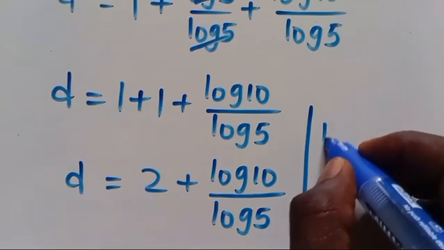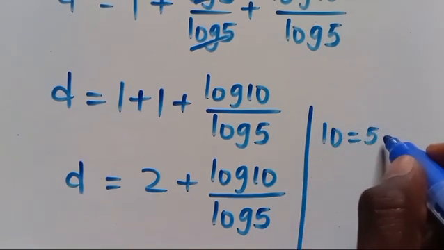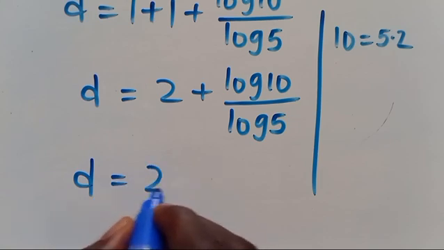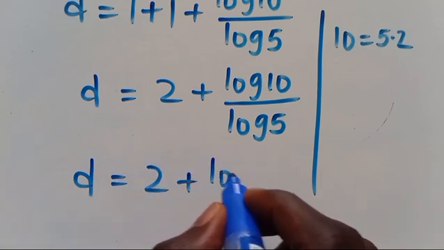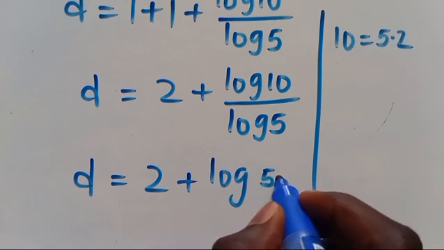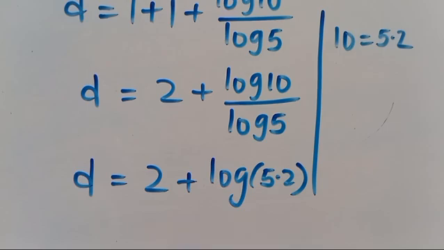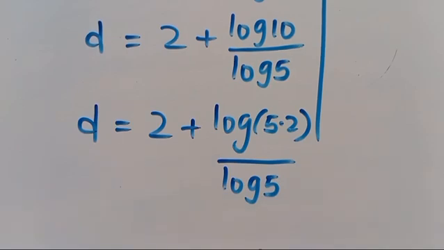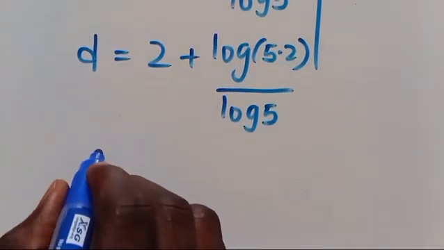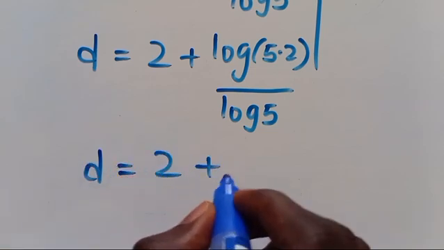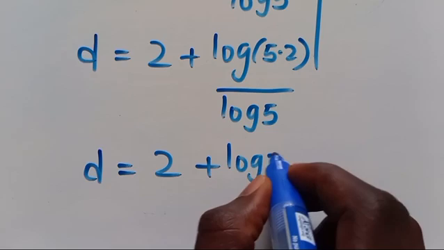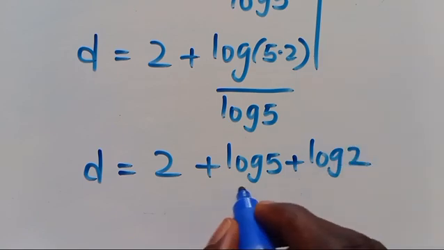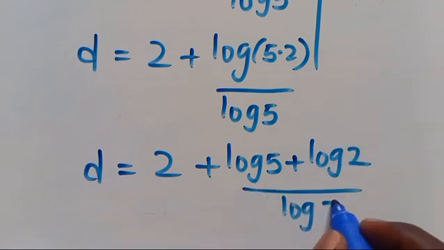We can have 10 as the product of 5 times 2. So d equals 2 plus log of 5 times 2 divided by log 5, so d equals 2 plus log 5 plus log 2 divided by log 5.